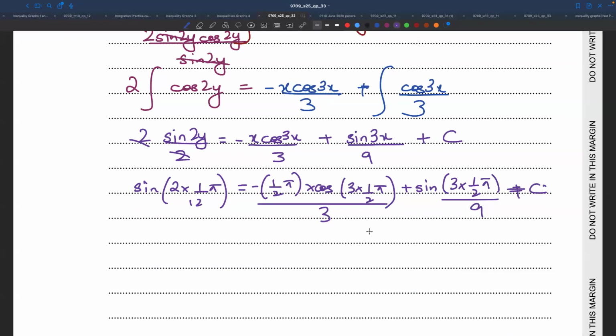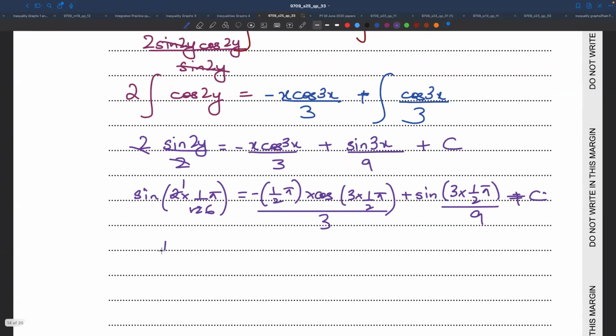So this will become sine of pi upon 6, which is half if you put it in the calculator. So sine of pi upon 6 will become half, is equal to minus 1 upon 2 pi in the numerator, cos of 3 upon 2 pi. 3 upon 2 pi basically means 270 degrees, and cos of 270 is 0.